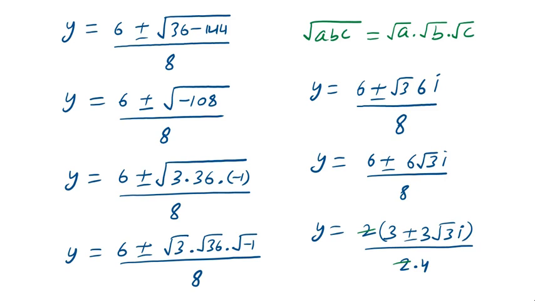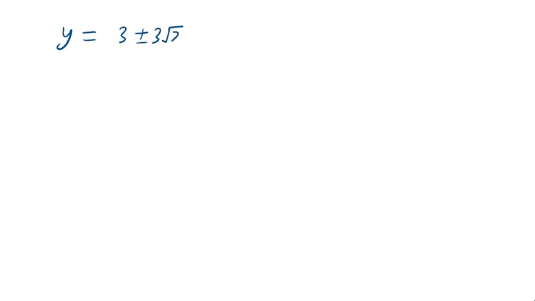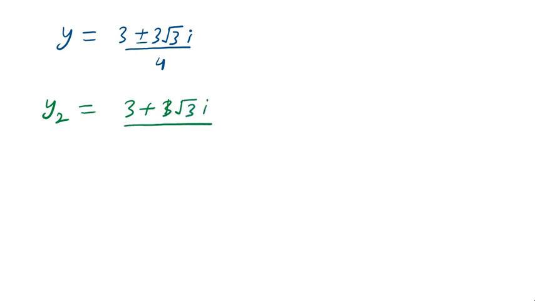Then the value of y is equal to 3 plus minus 3 times square root of 3 times iota over 4. So our second solution, y2, is equal to 3 plus 3 times square root of 3 times iota over 4, and third solution, y3, is equal to 3 minus 3 times square root of 3 times iota over 4.